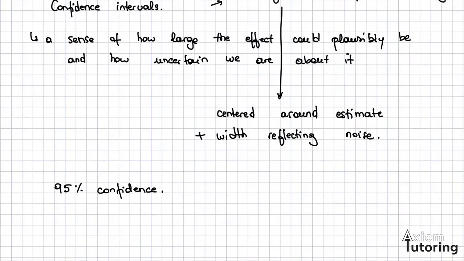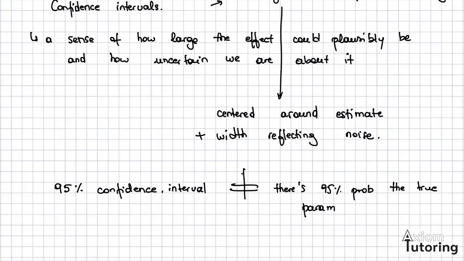Now, a 95% confidence interval is not equal to saying that there is a 95% probability the true parameter lies inside this specific interval.